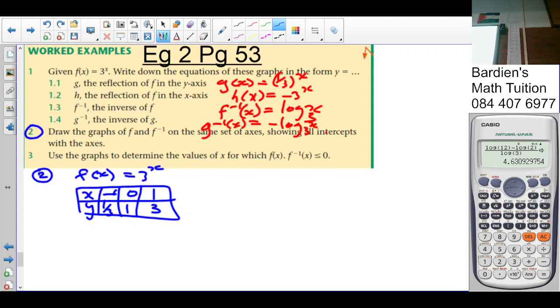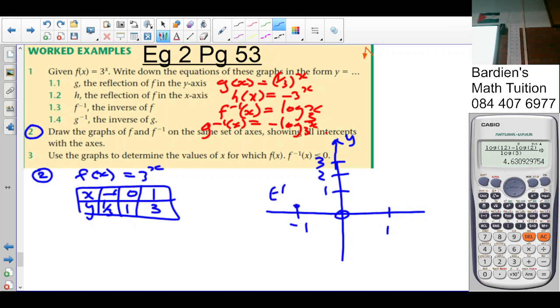So if I draw that graph, x is negative 1, so it's a third. 0 will give you 1, and 1 will give you 3. The graph is not drawn to scale, but that's basically what f of x would look like.